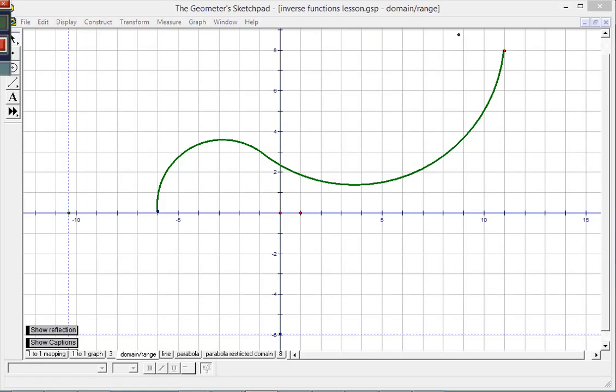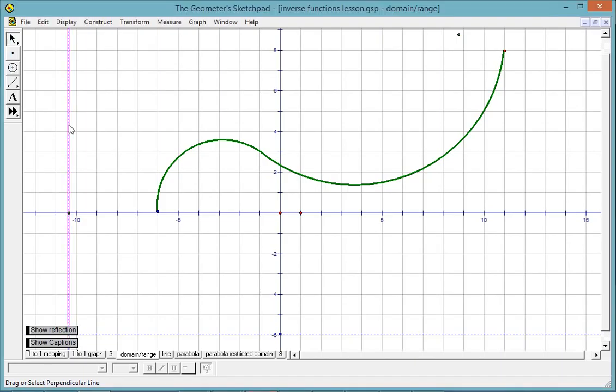Now, there's other stuff that we can tell from this graph, and that's the domain. So if we look on here, and I'll use my vertical line again because I want to look at what's happening with x, right? There is nothing out here. We don't get an answer. We don't get anything on this graph until we get to -6.